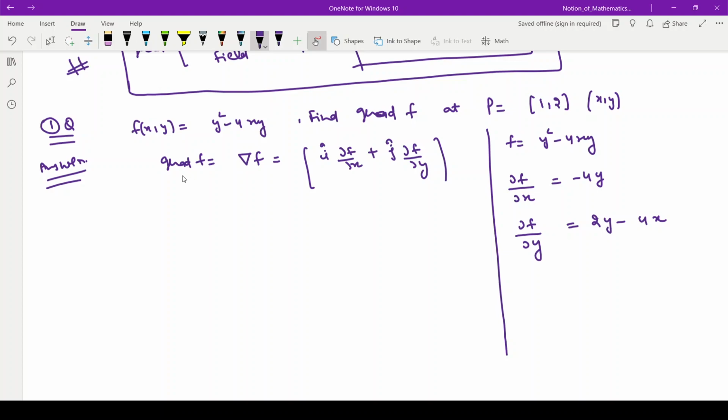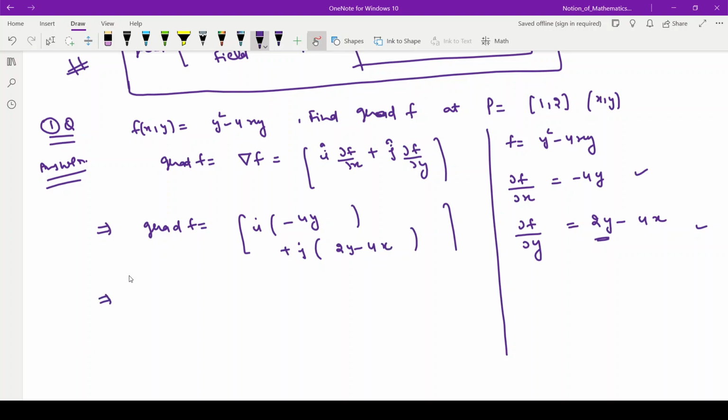But I want to know the gradient of this function at the given point. So here what I can do is put these values here. So the gradient of f is i cap into minus 4y plus j cap into 2y minus 4x.